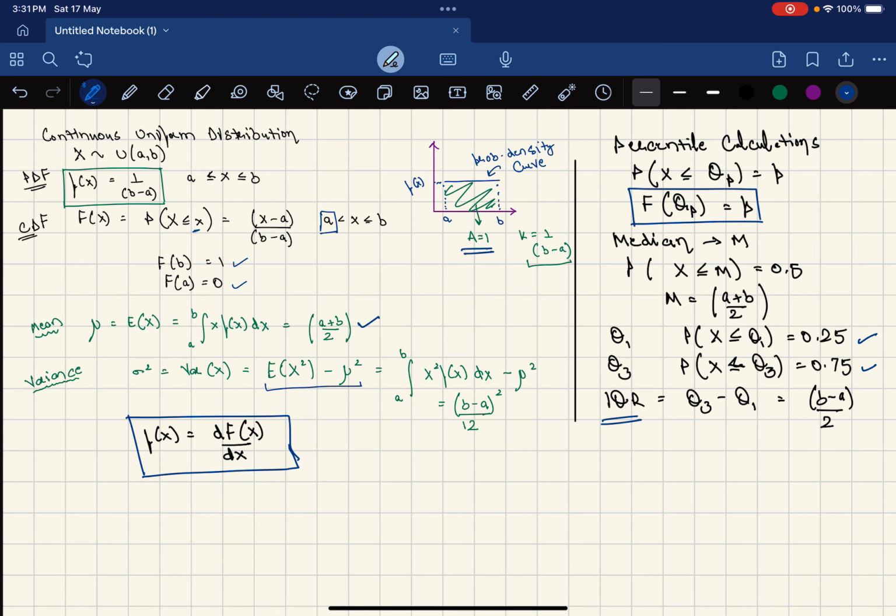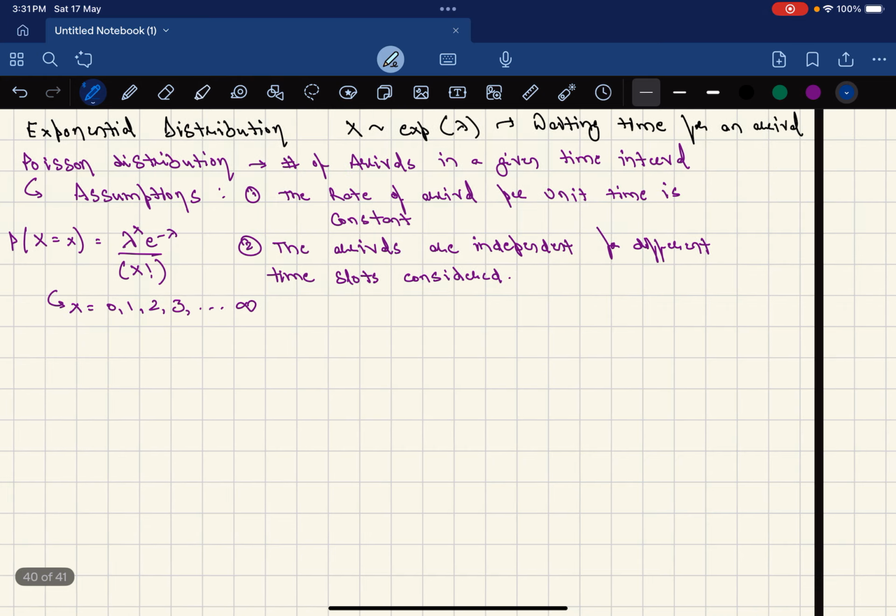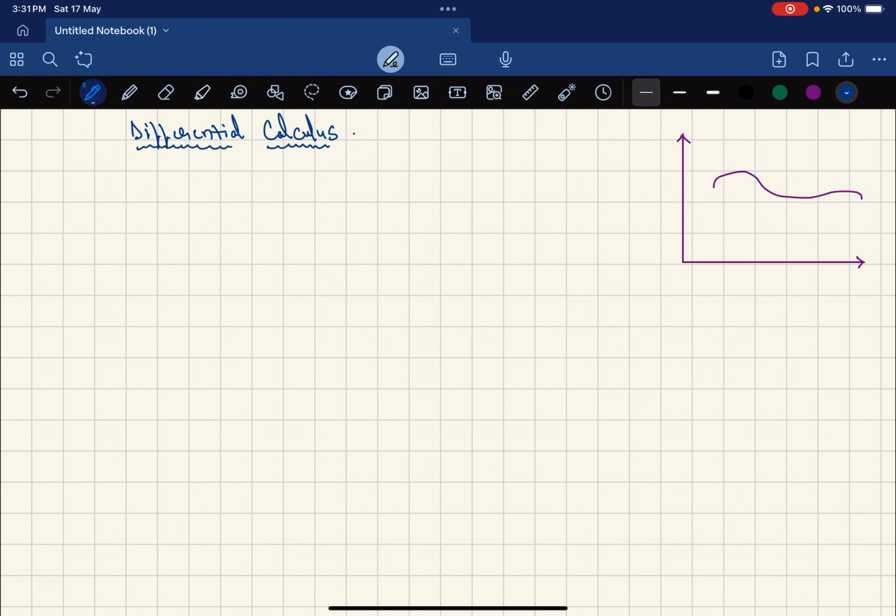Now to jump to the next continuous distribution, which would be the exponential distribution, we wanted to first go through some of the basics of differential calculus, because in the future continuous distributions which we will be looking at, we will be using some concepts from differential calculus, and therefore it becomes an important topic.